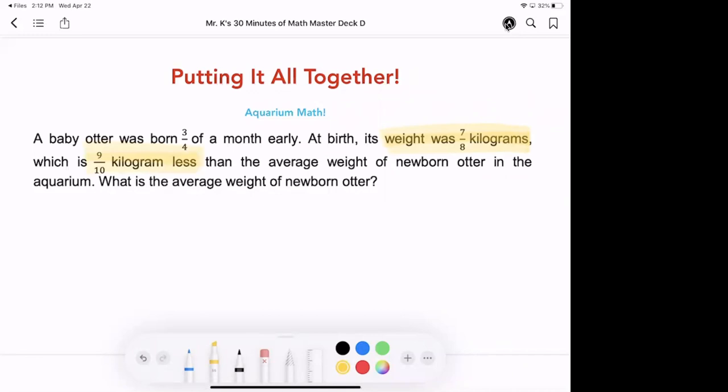So what is the average weight? We know at birth its weight was 7/8 kilograms, and that's 9/10 less than the average weight. Go ahead and try that one. And Baby Yoda, not Baby Otter. Yes, let's look if we can find a Baby Yoda.